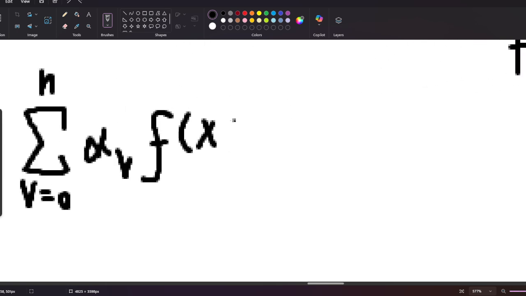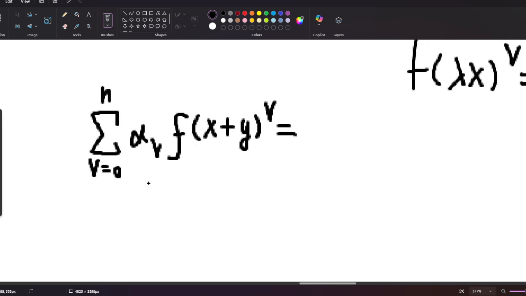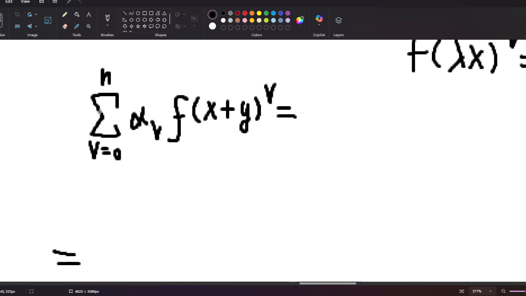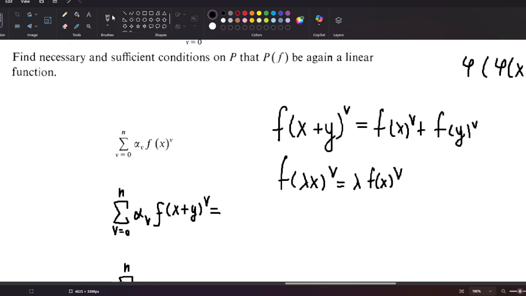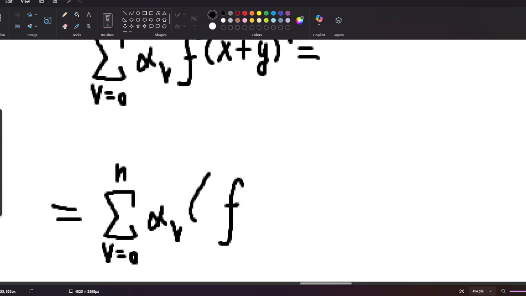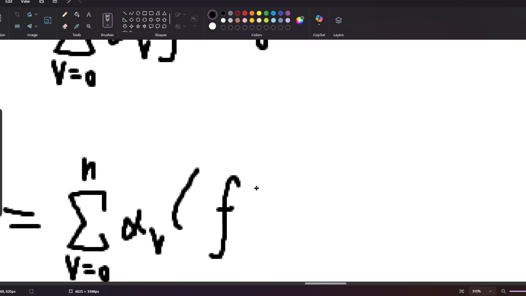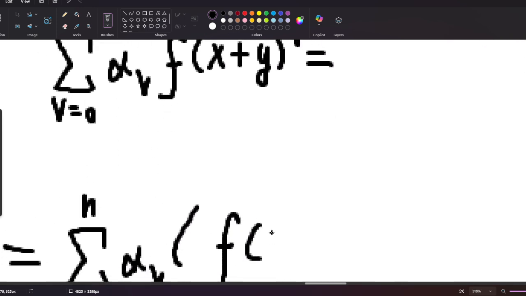Okay, and now let's plug in x plus y instead and see how it goes. So thing is, as we have deduced earlier, f of x plus y to the v power is going to be just this. Again, the power notation isn't actual exponentiation in the classical sense, this is just composition of functions. It's like nice notation.